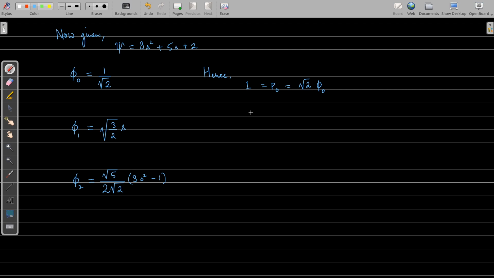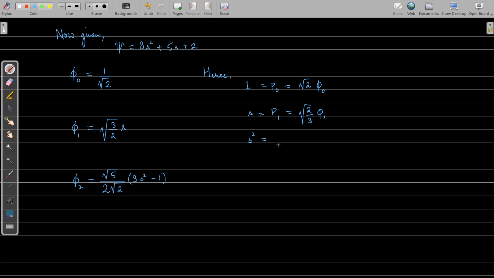Likewise, what about s? S is your P1, and we can write s as root over 2 by 3 into phi 1. You can check, we did something similar when we did that Legendre polynomials problem.